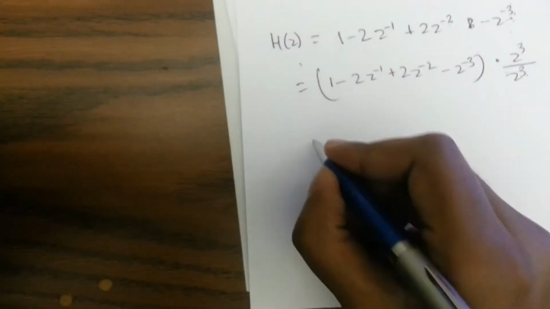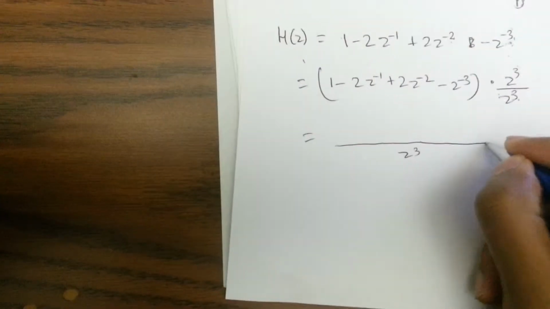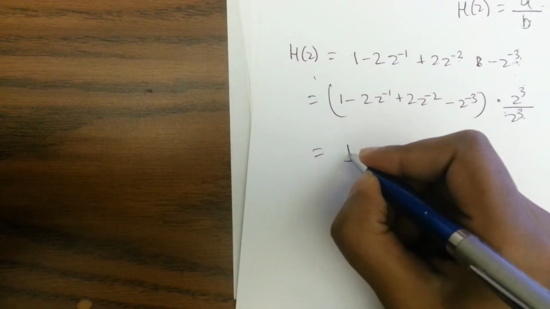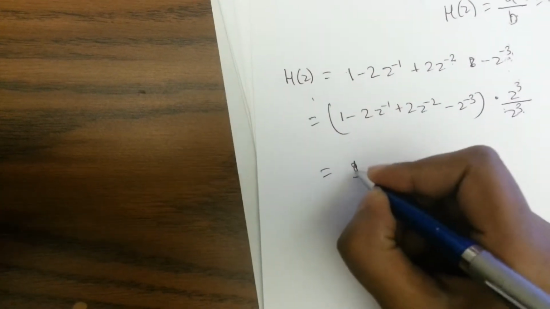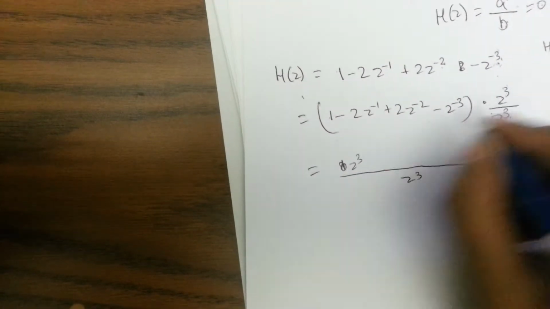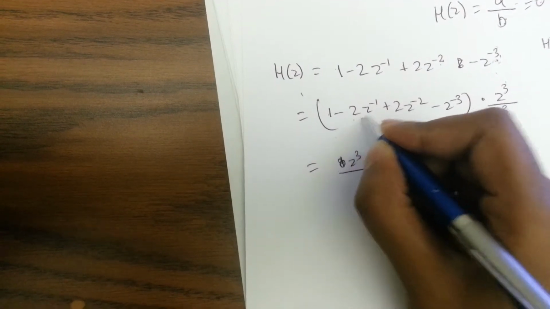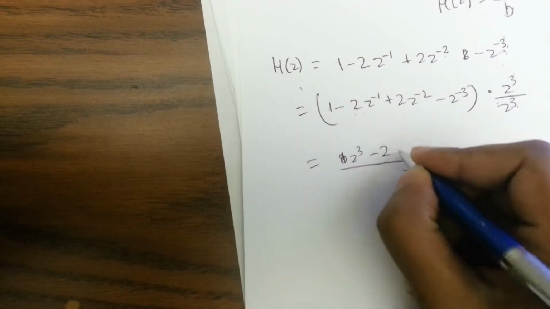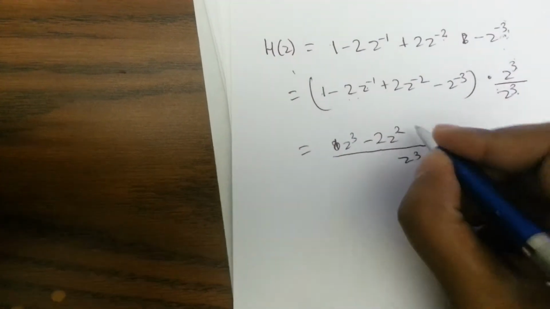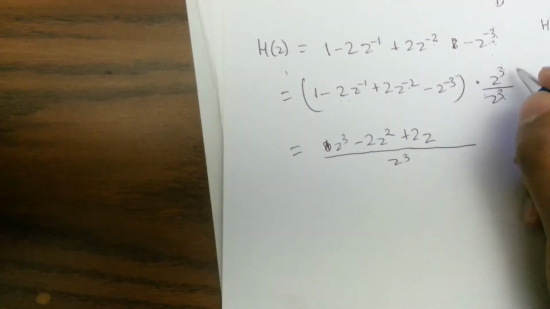So what we're going to get is z cubed in the denominator, and in the numerator we multiply: z cubed times 1 is z cubed, then minus 2 times z to the minus 1 gives minus 2z squared, since minus 1 plus 3 is 2. Then we get plus 2z, since minus 2 plus 3 is 1.